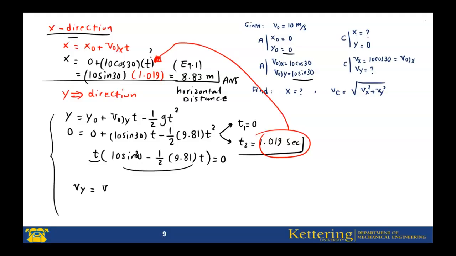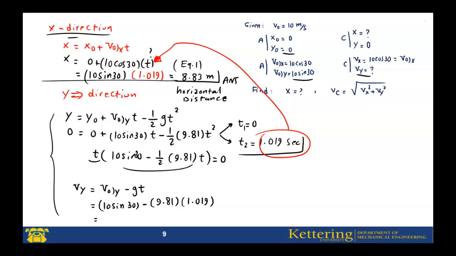Vy equal to V0y minus g multiplied by time. From this equation, we do not have the Vy. We have the V0y, 10 sine 30, minus g, which is 9.81, times the time, which is 1.019.